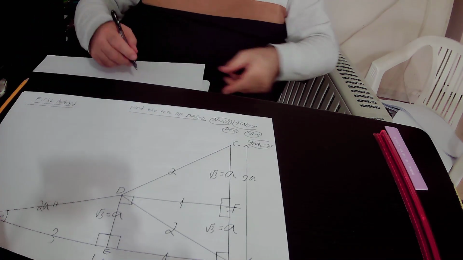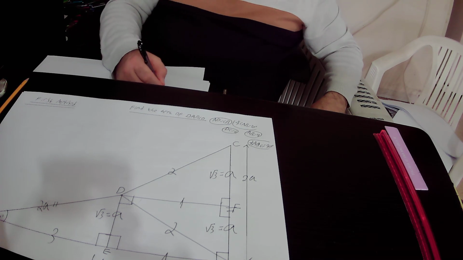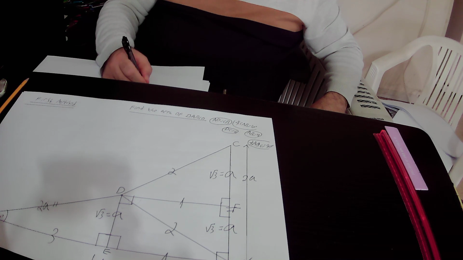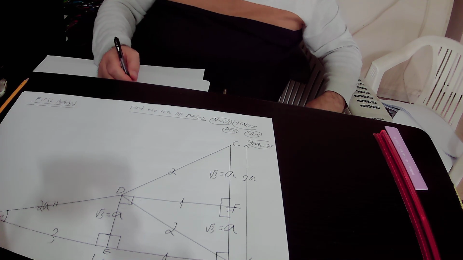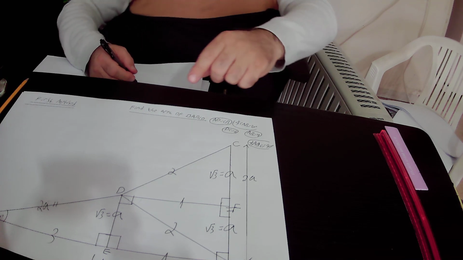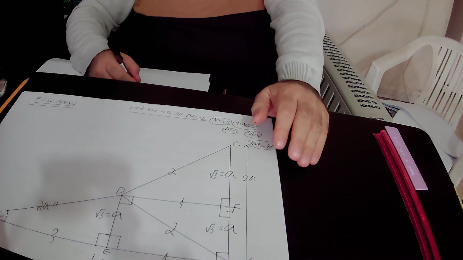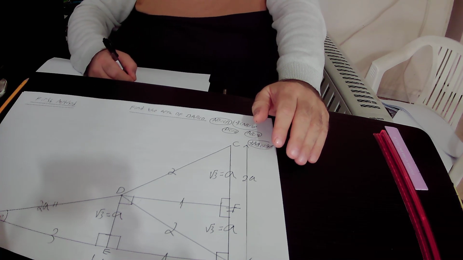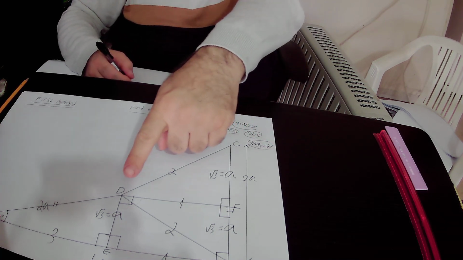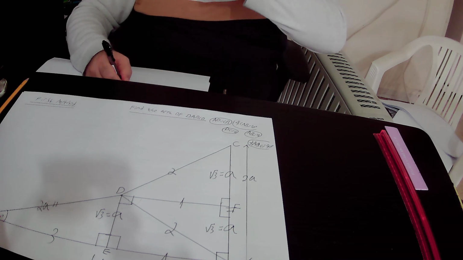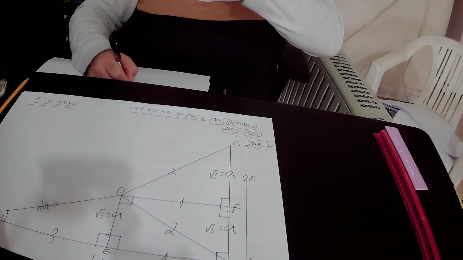And so the area of quadrilateral ABCD equals the area of triangle ADE, that is AE, which is 3, times ED, which is square root of 3, over 2.